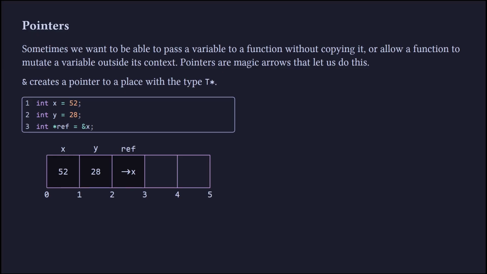If we create a pointer to a place with type T, it will create an item of type T pointer. In this case, we create 2 variables, and then we create another that is a pointer to X.